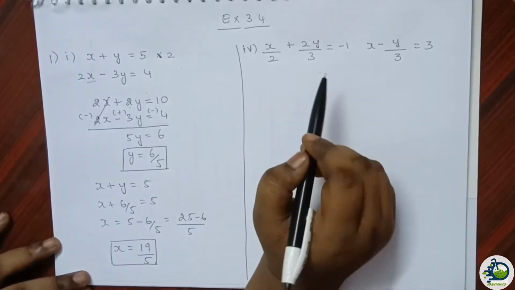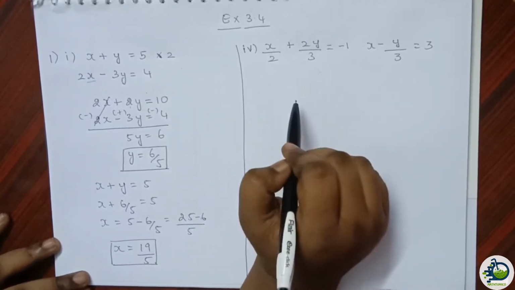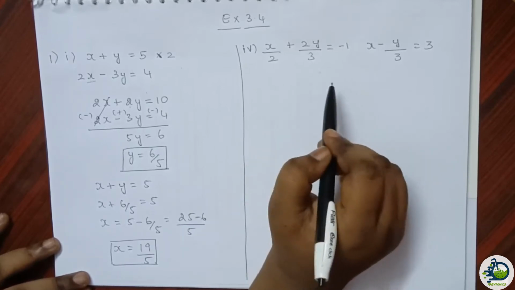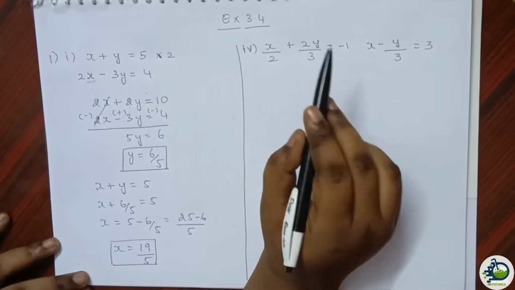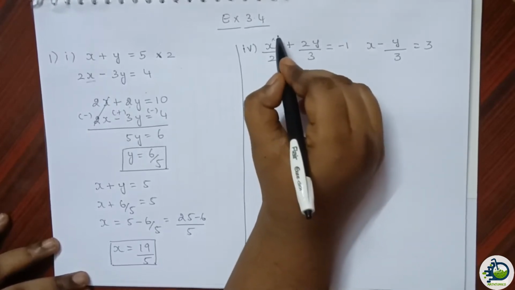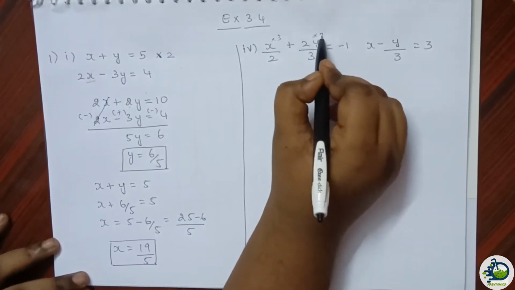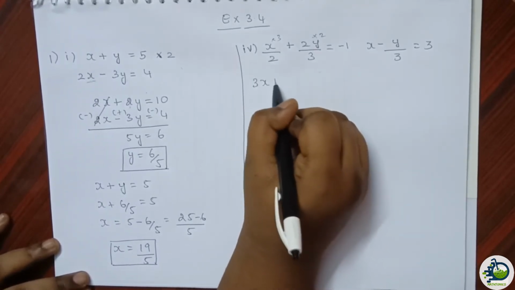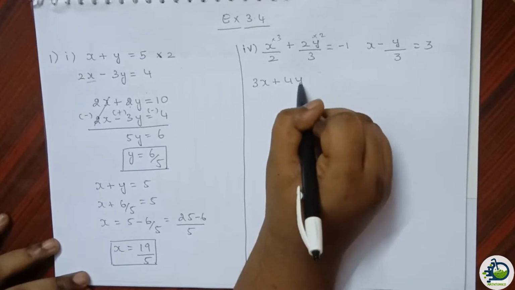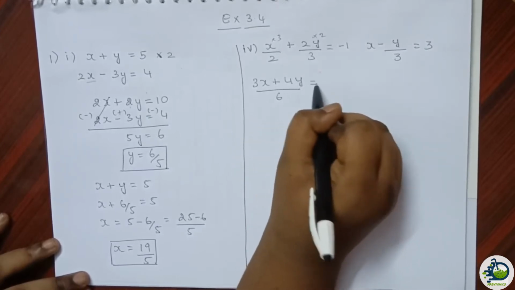Here, first I have to simplify this equation into a single line, so I have to take the LCM. For 2 and 3 the LCM is 6, so I multiply this by 3 and this by 2. When I multiply accordingly, I get 3x plus 4y divided by 6 equal to minus 1.